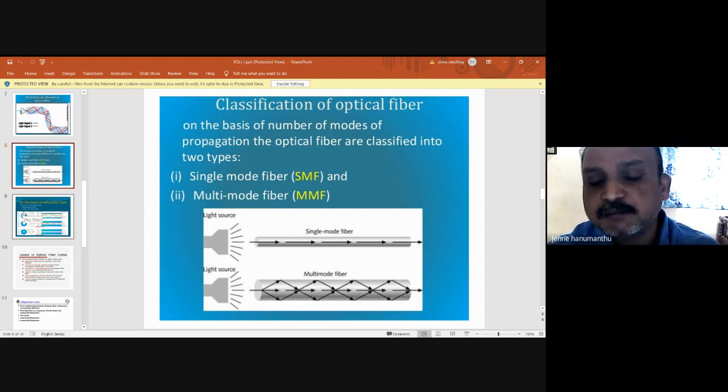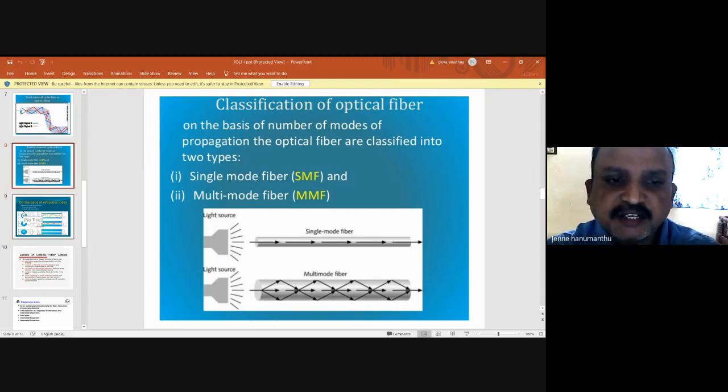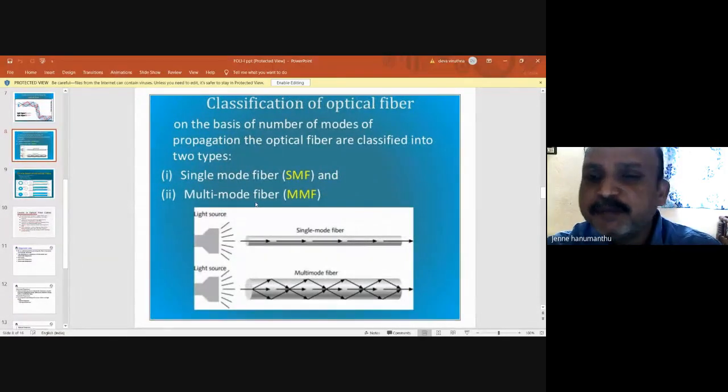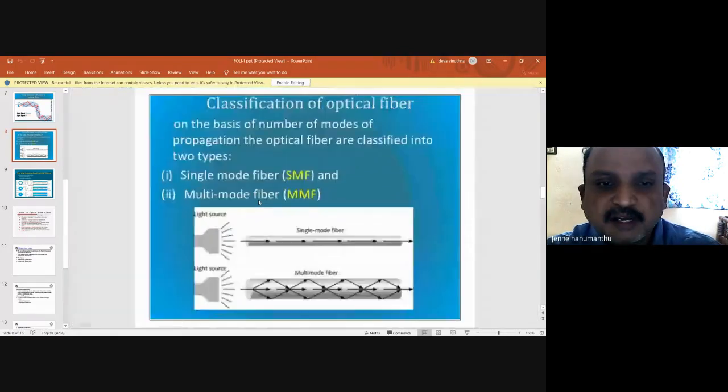Multi-mode, understand, it is a light source. The light source may be an LED or a laser. LED will emit some light, or laser also emits some light. Whatever light is emitted is coupled to the optical fiber.